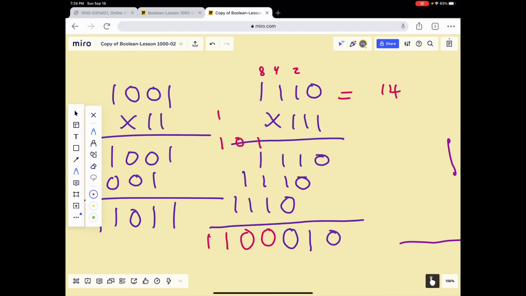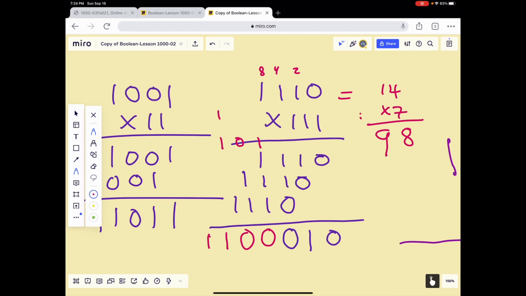And you have here 111, that means you have 7. 1, 2, 4, that means you have 7. 7 times 4, 28. Carry 2. 7 times 1 equals 7 plus 2 equals 9, 98.